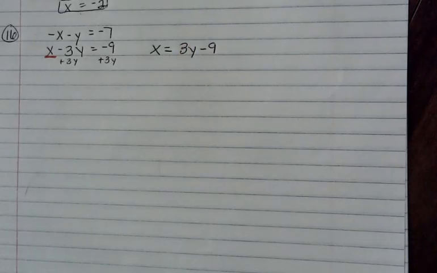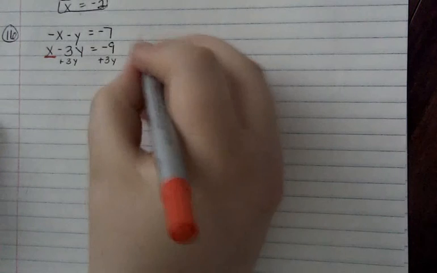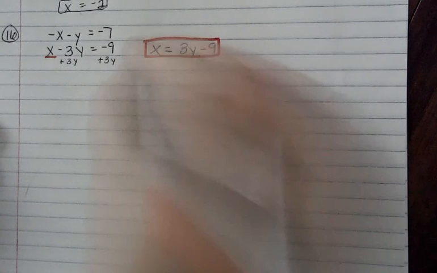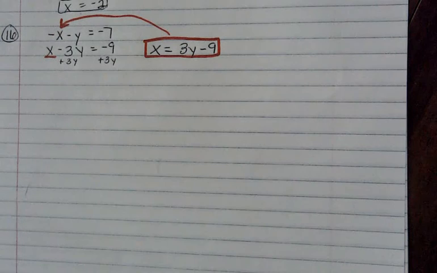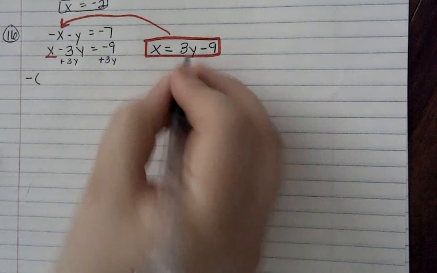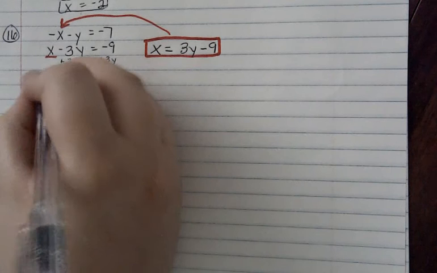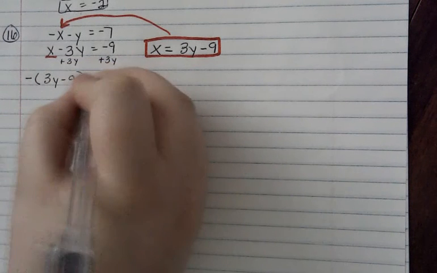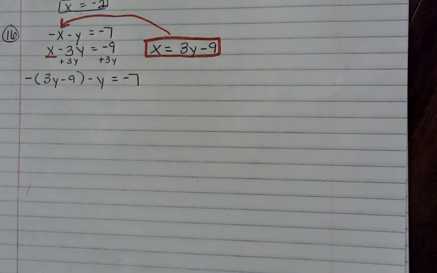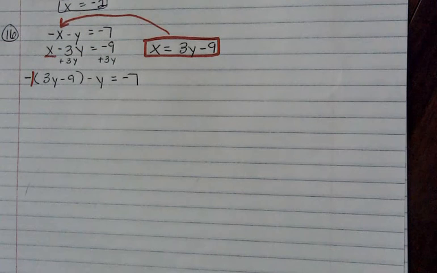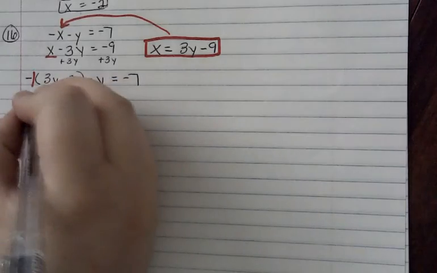So now I'm going to plug in that 3y minus 9 into the x value of my other equation because it's x equals. So that's negative, and then instead of x, I'm going to write 3y minus 9. Bring down your minus y equals negative 7. So now I'm going to distribute that negative 1 into that set of parentheses. Negative 1 times 3y is negative 3y.